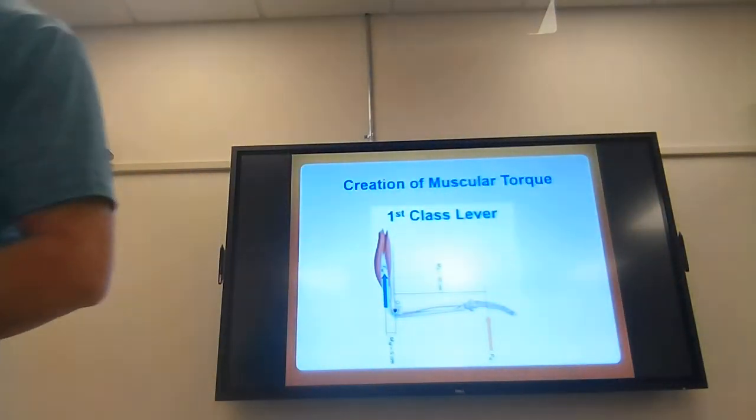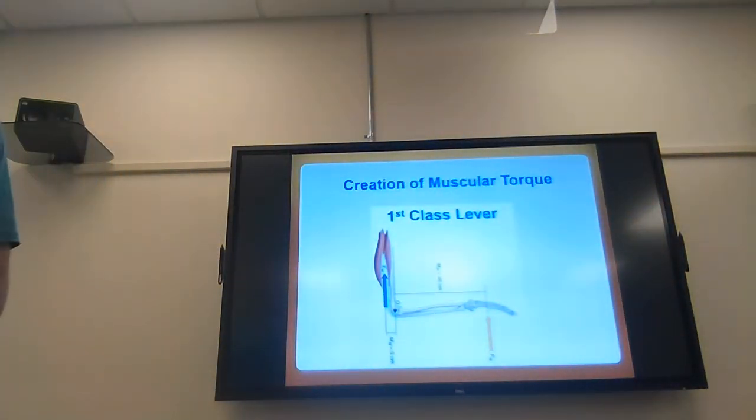So how do we define the moment arm? Distance between 2 points. Yeah, so where the force is applied and the axis. So in the body, our muscles create torque.